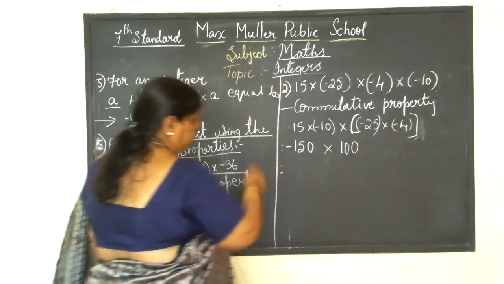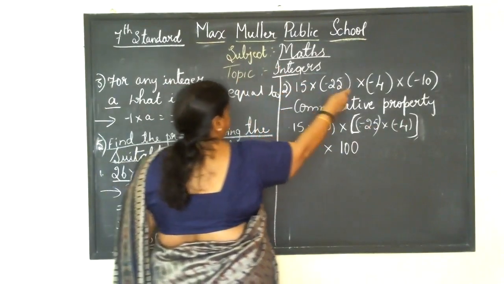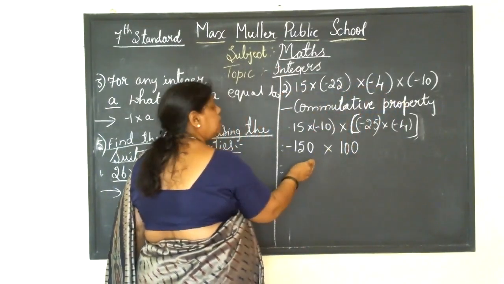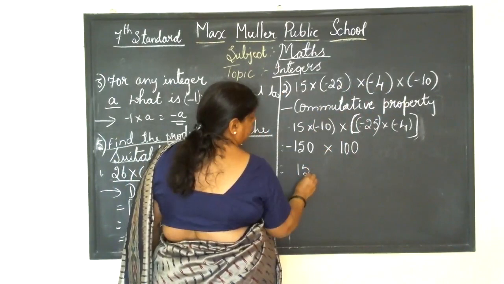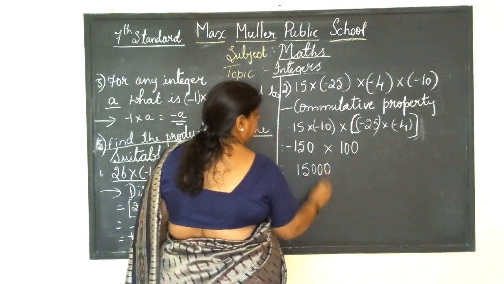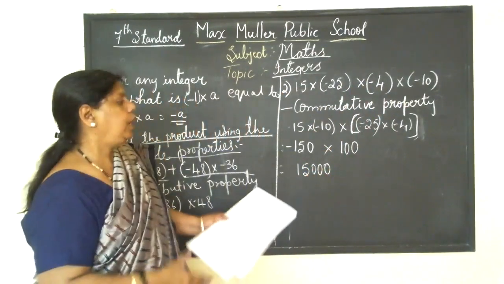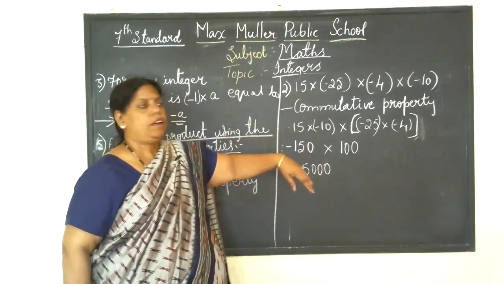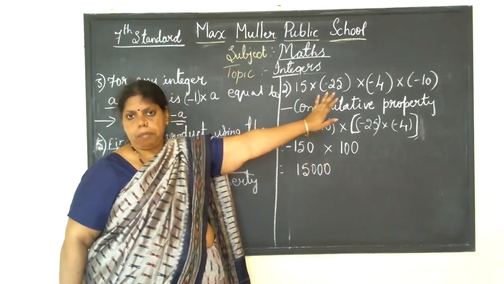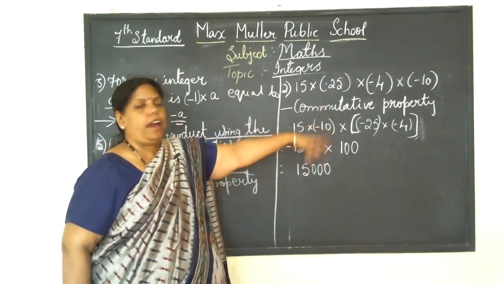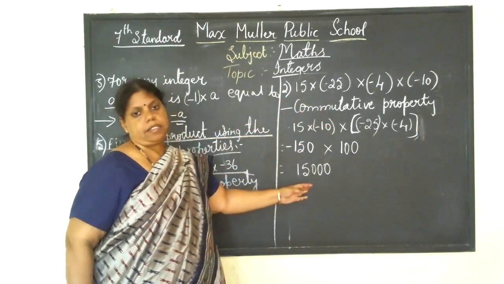So 150 into... however you multiply, you get the same answer. If you interchange the places also, you will get the same answer. I have multiplied with the smaller digits and I have given you the answer.